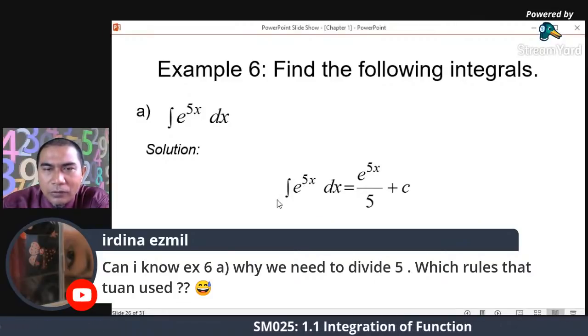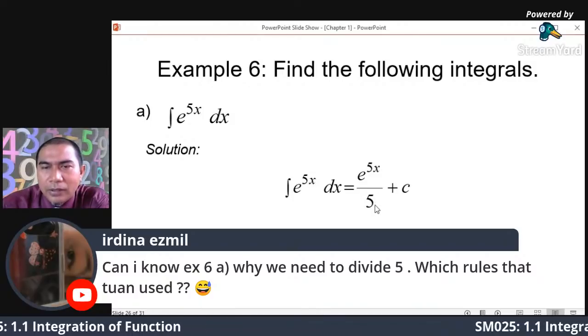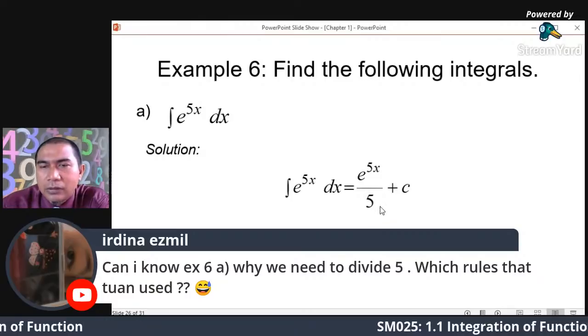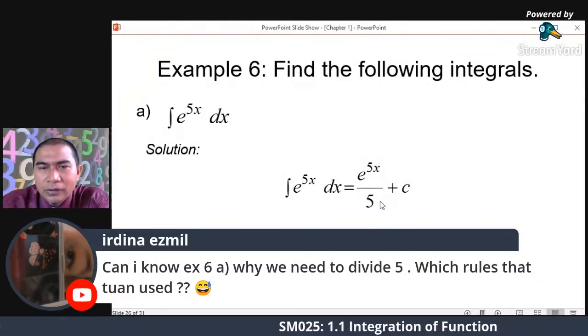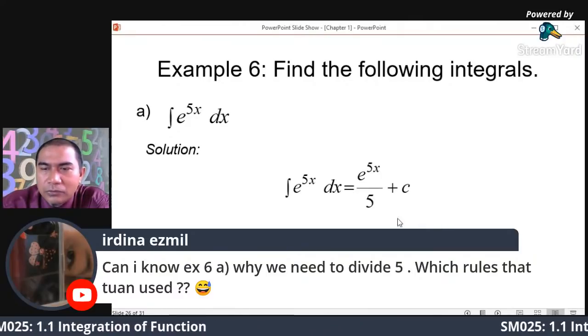At the front we have 1 over 5. So we get e power of 5x over 5. So that's why there is 5 at the bottom, the denominator. Okay, hopefully that will answer your question and help you understand more.